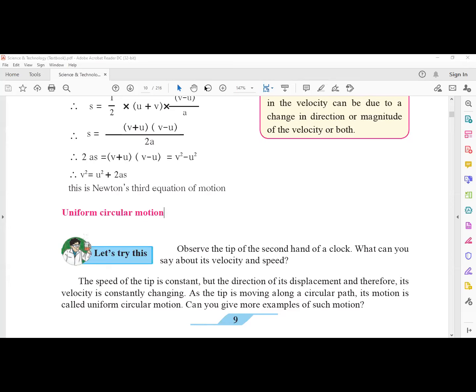Since velocity is changing, those hands must be having some accelerated motion. But that acceleration should be uniform, since they are moving with a constant speed. Change in velocity is constant. Okay, so let's go through the content in a quick time.